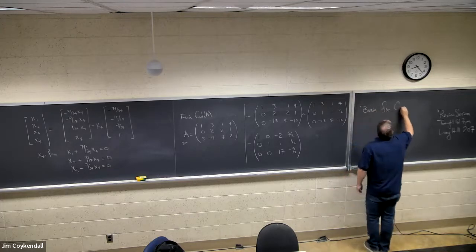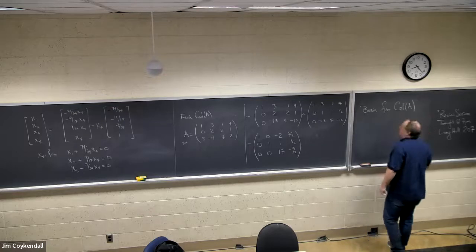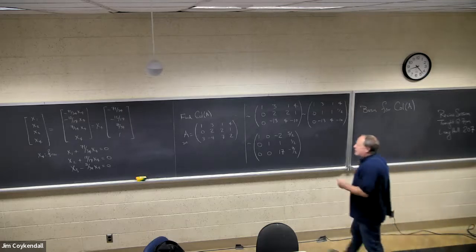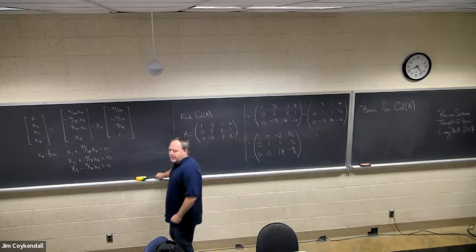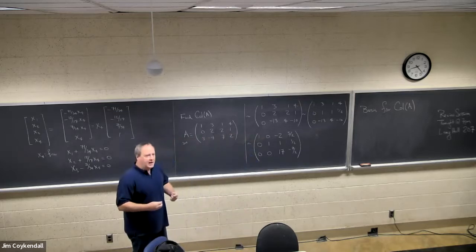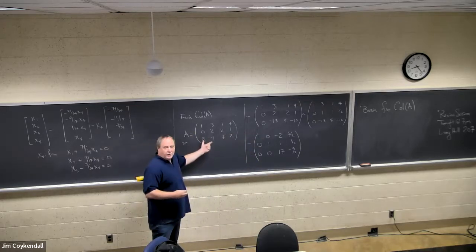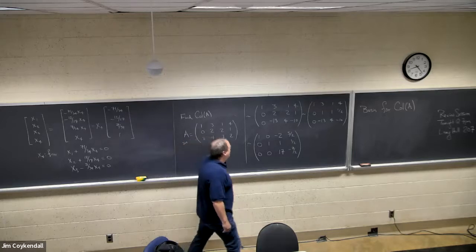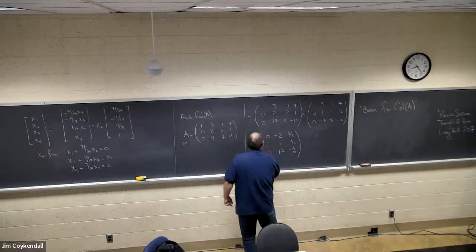So can anybody tell me our basis for the column space of A? You've got to be a little careful with this. What should it be? First three columns. Good. You have to be careful with the column space because the row operations don't affect the linear dependence, but they do affect the span.